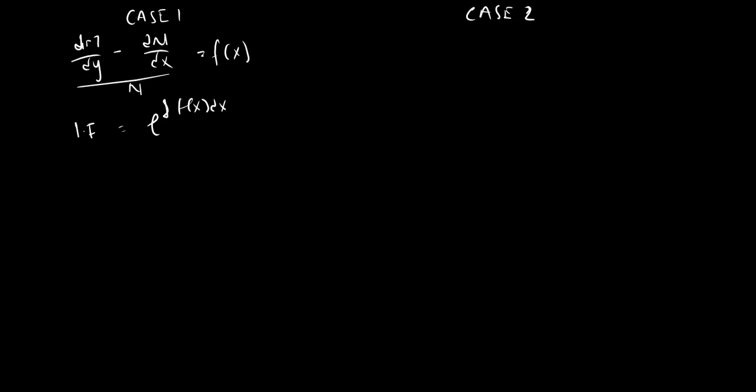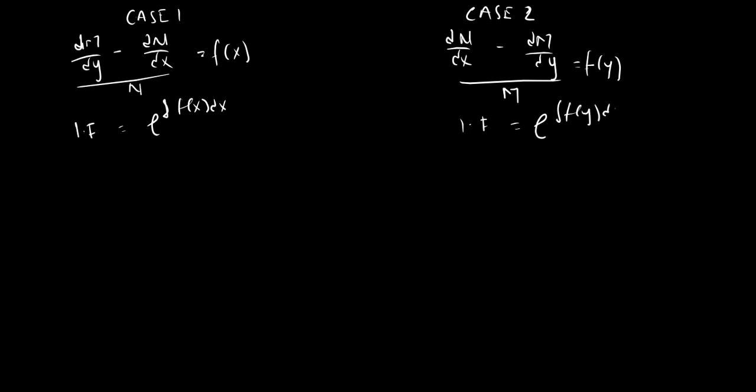But for case 2, if your (∂N/∂x minus ∂M/∂y) over M is equal to a function of y, then your integrating factor is going to be equal to e to the integral of f(y) dy, right? So this is for case 1 and case 2, right? And you only do this when ∂M/∂y is not equal to ∂N/∂x. That's the logic, that's the idea behind it, right?